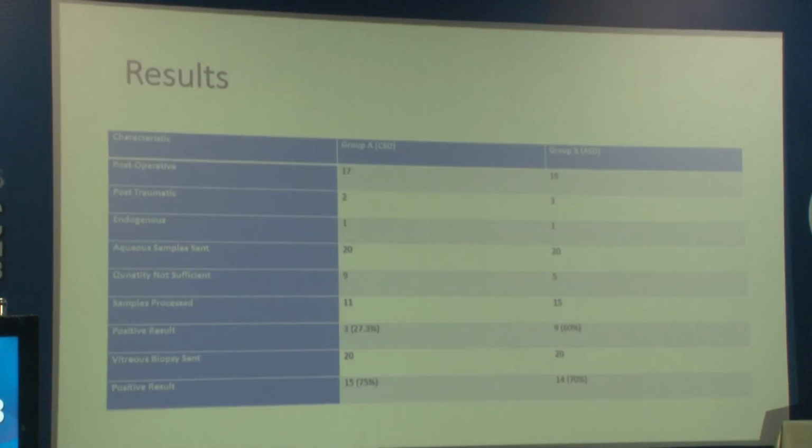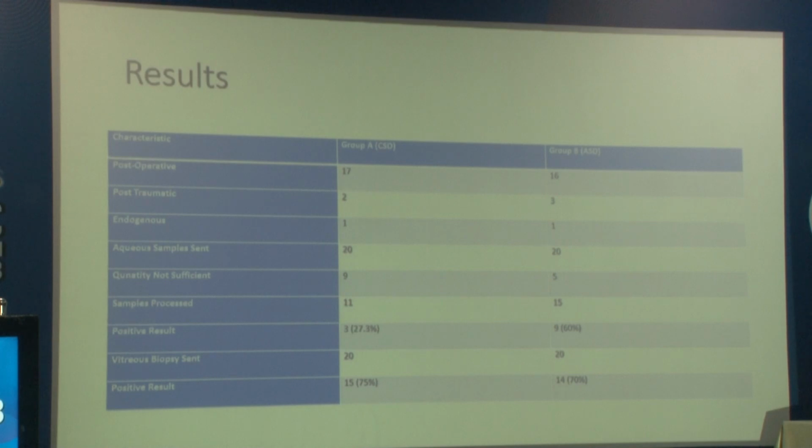So coming to the results, both groups were equally divided by etiology of the endophthalmitis into post-operative, post-traumatic, and endogenous. Aqueous samples were sent in 20 cases in both the CST group and the AST group. But the lab returned samples as not sufficient in 9 cases out of 20 in the CST group, and in 5 cases in the AST group, that is the novel device group.